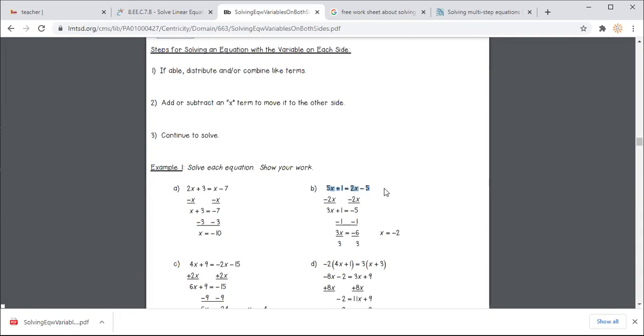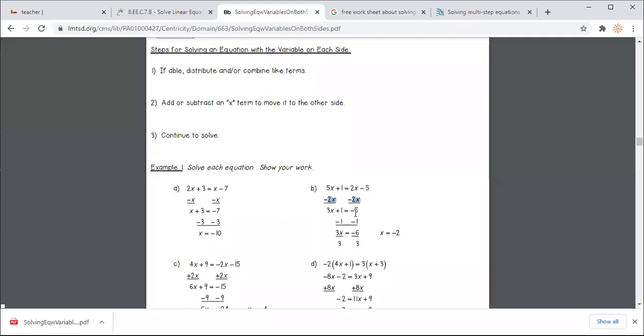Then we are going to add the additive inverse of 2x to both sides. Its additive inverse is negative 2x, exactly. Then I'm going to add negative 2x to both sides, like this.